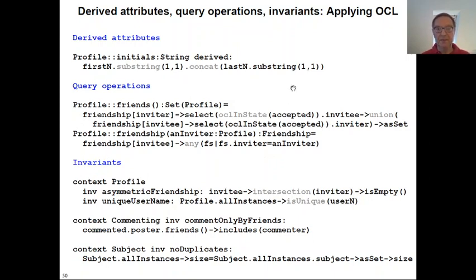And the friends can be people that I have been inviting, or people that have been inviting me. So both roles, inviter and invitee, have to be taken into account.